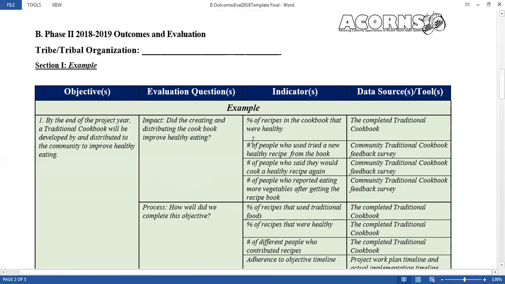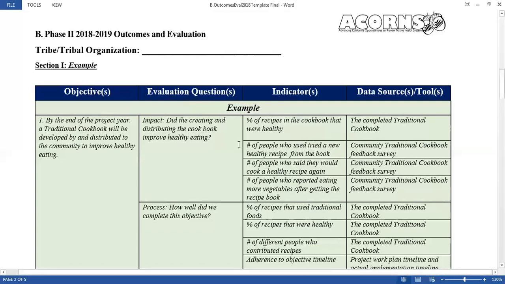The next one would be number of people who tried a new healthy recipe from the book. So maybe you want to get a community traditional cookbook feedback survey. After you've distributed the cookbooks, you want to get some feedback from the community on how they liked it, if they were using it, what they thought, and their impressions on it. So you would maybe want to develop a survey.